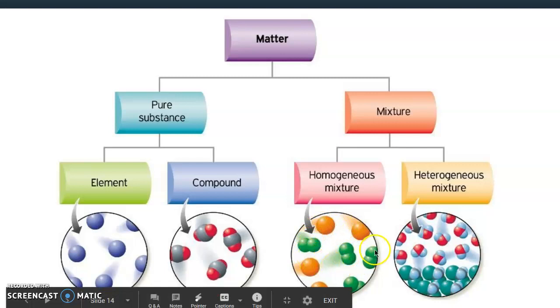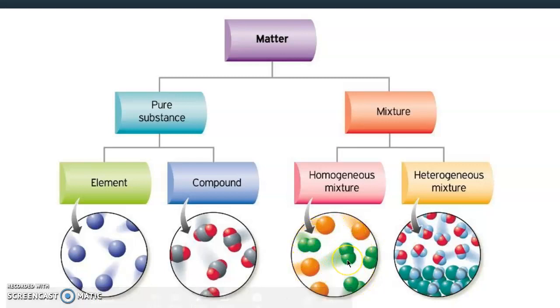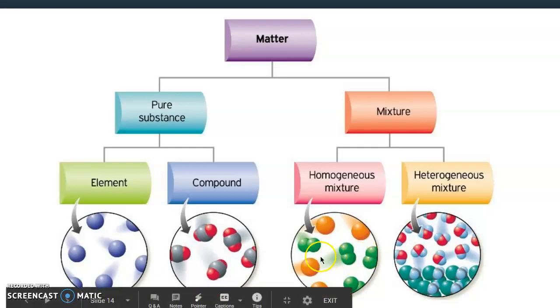The difference is, though, they're all the same. They're all the same in the sense that it looks the same from any point in the sample. We can't see any distinct layers, and that's the important part.